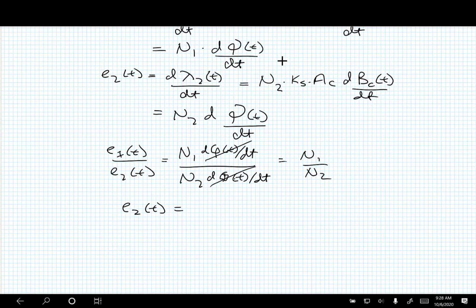Rearranging this whole expression, E2 would be equal to N2 over N1 times E1 of t.